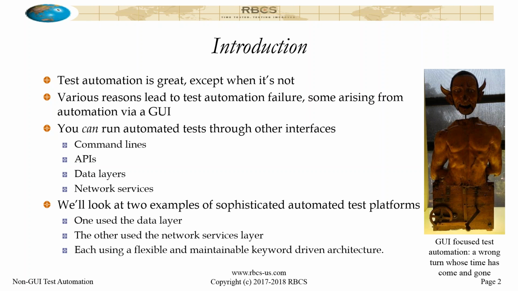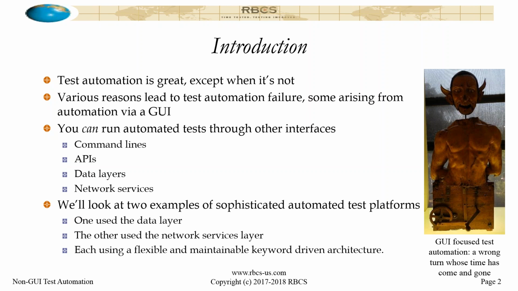There was something ungenuine about your testing unless you were going through the same interface that your user was using. And since everybody was going through graphical user interfaces at that point in time, the implication was you need to test through the graphical user interface.